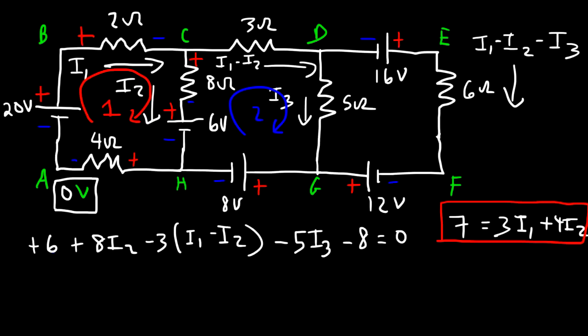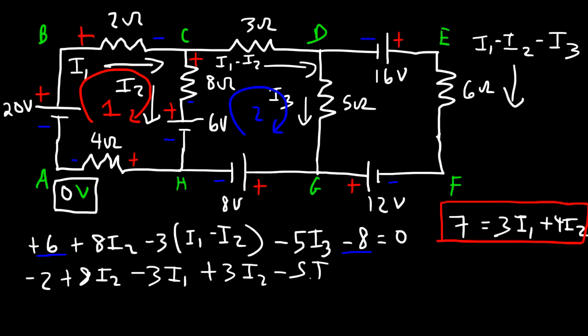So now let's simplify the expression. We have 6 minus 8, which is negative 2. And then we have plus 8I2, and let's distribute the negative 3. So that's negative 3I1 plus 3I2 minus 5I3. So we could combine these two.